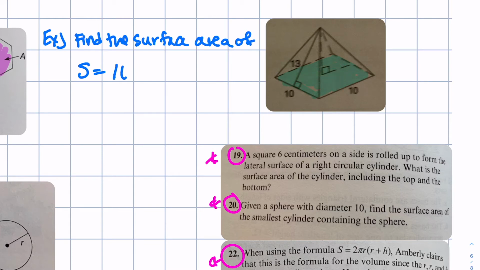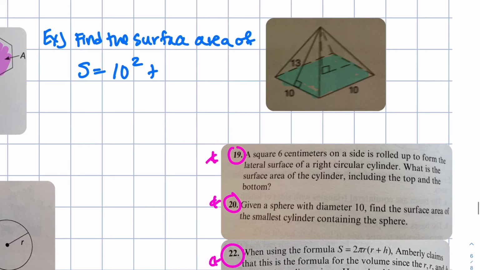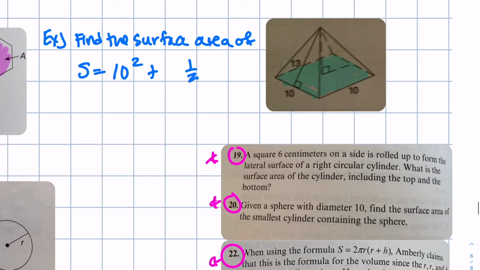That area is just 10 times 10, or 10 squared. And then I want to add up the area of these 4 triangles. So the area of the 4 triangles is going to be 1/2 the base times the height, which is 13. And then there are 4 of them.